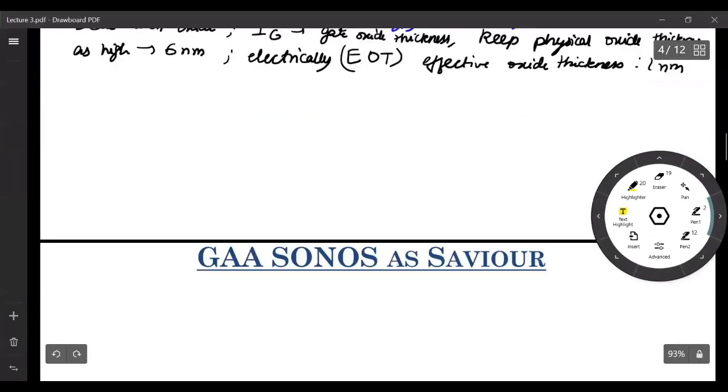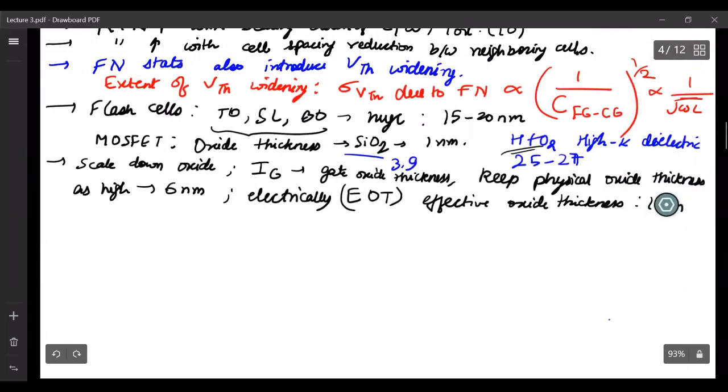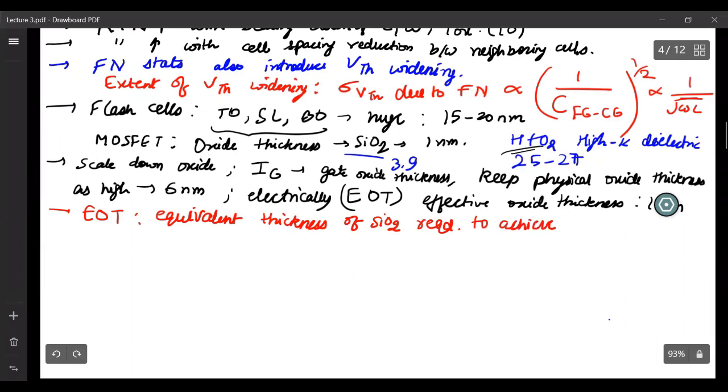Let me define what exactly EOT is first. EOT can be defined as the equivalent thickness of SiO2 required to achieve the same level of electrostatics. What do we mean by electrostatics?